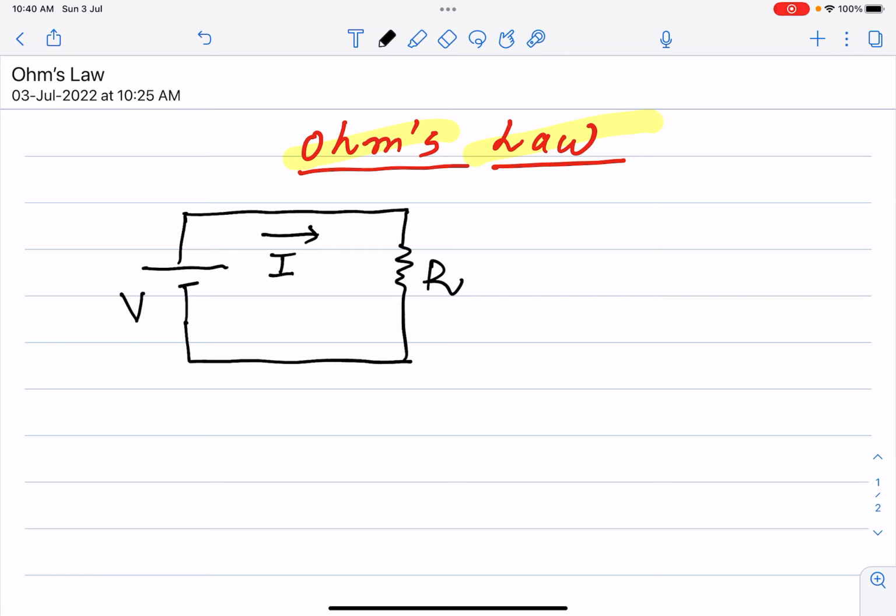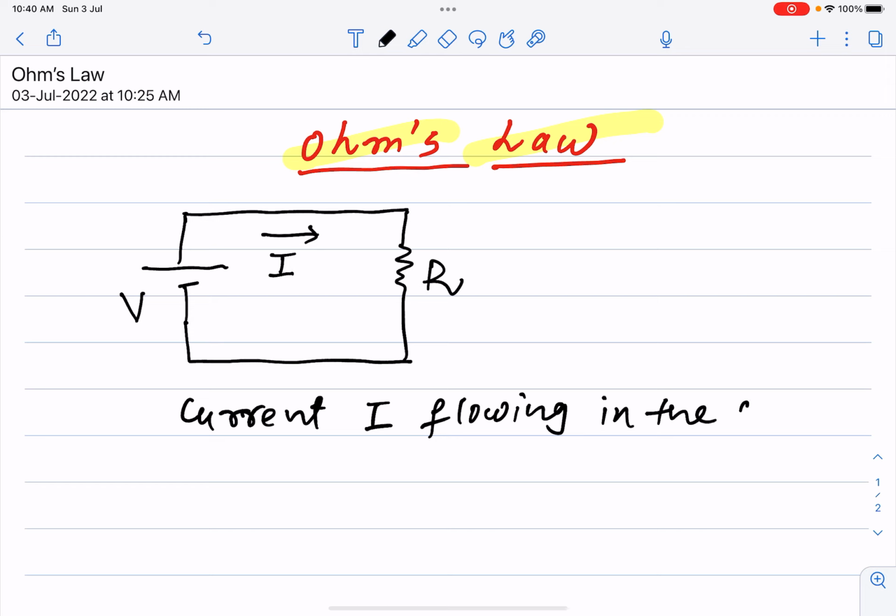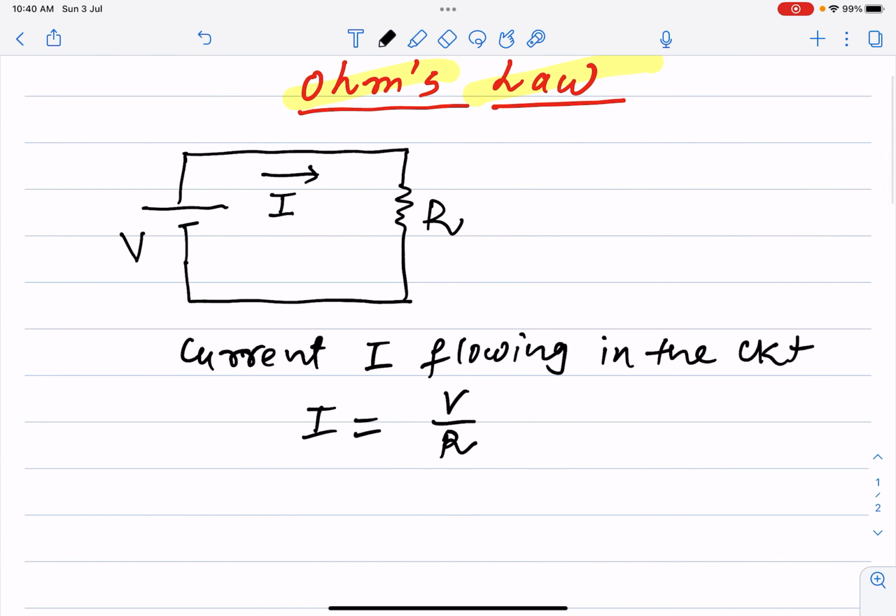Then Ohm's law states that there is a definite relationship between the voltage, current and resistance. So according to Ohm's law, the current I flowing in the circuit is given by the formula I is equal to V upon R. V is the voltage applied to the circuit and R is the resistance of the circuit.